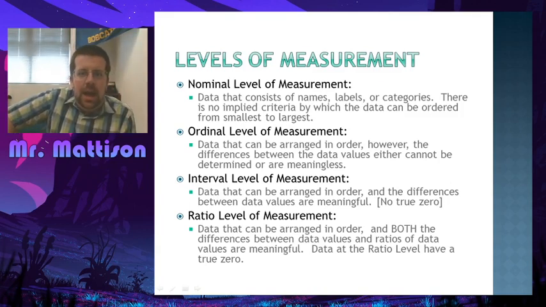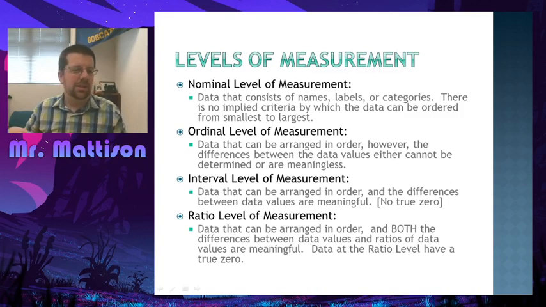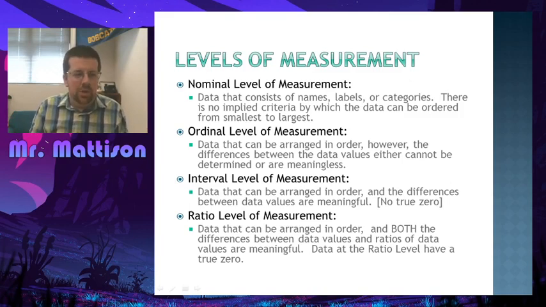I can't rank cities as, well, Boise is higher than Nampa, which is higher than Caldwell, which is higher than Sun Valley. There's no logical way for me to order those things. So anything at that level is a nominal level of measurement. It's just that base level category stuff.